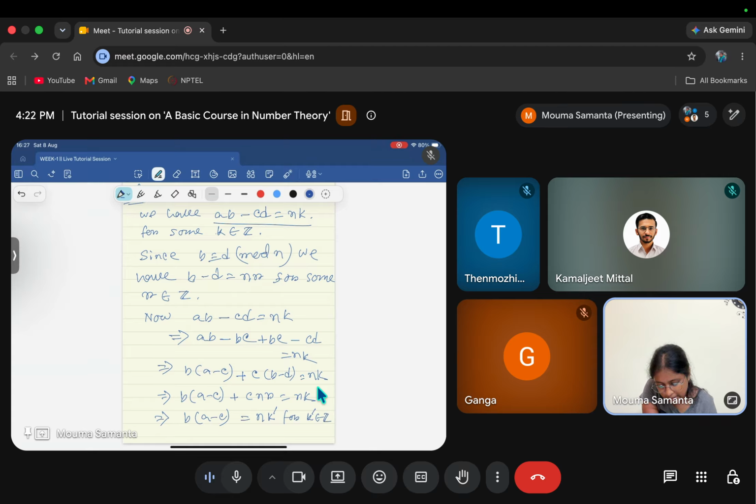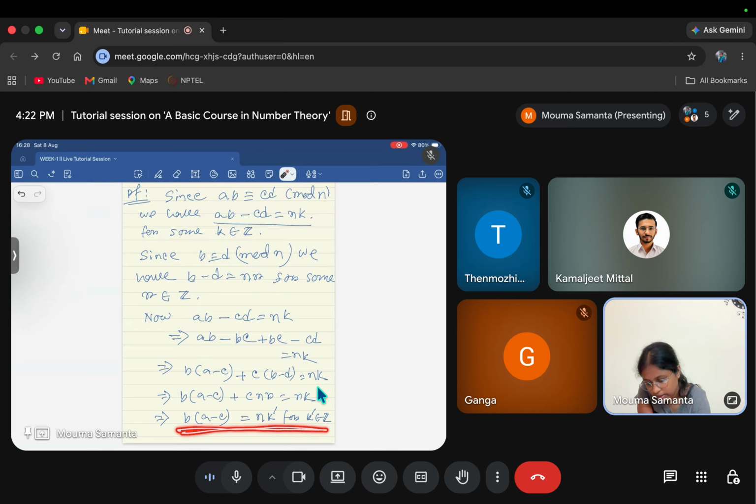And k prime will be exactly equal to k minus cr, where k prime belongs to Z.